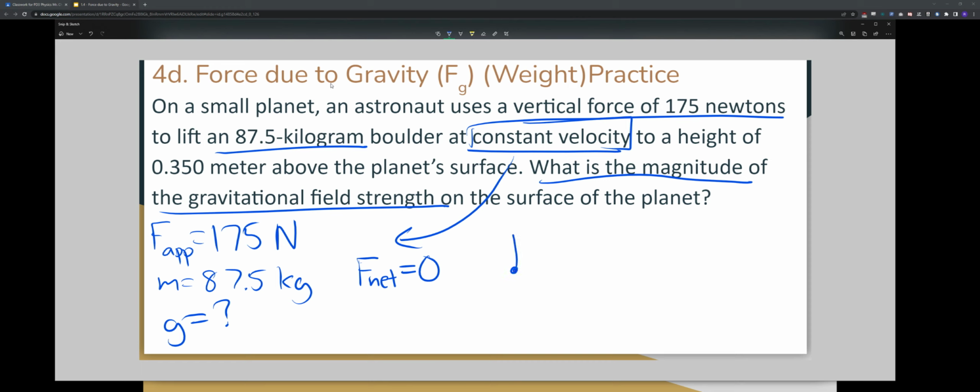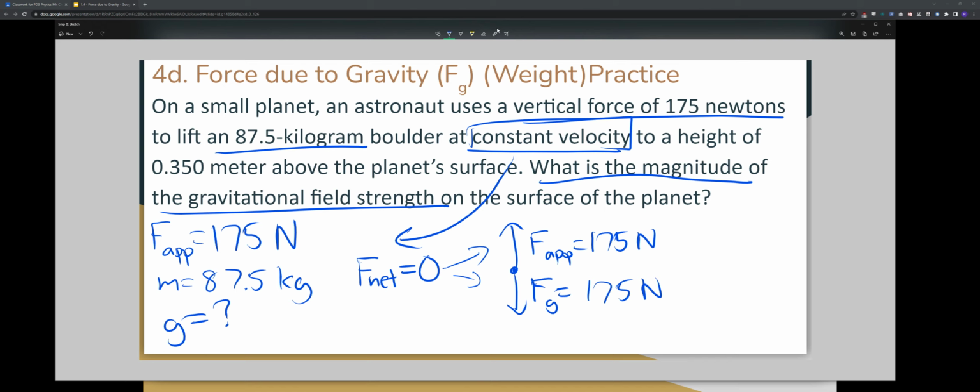Which means that if you're lifting something at constant velocity and your net force is 0, then what is my force due to gravity? That must mean my force due to gravity is also 175. It's equal.